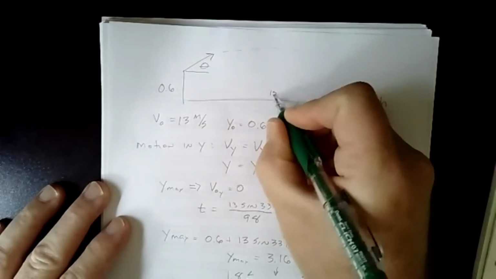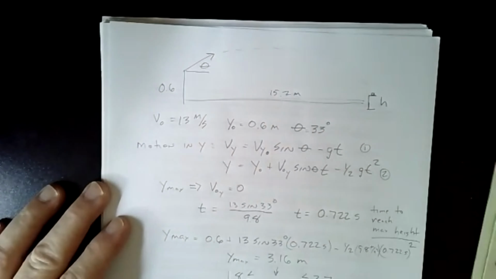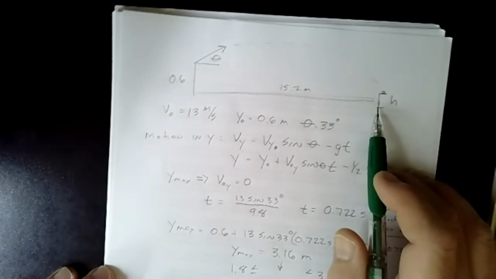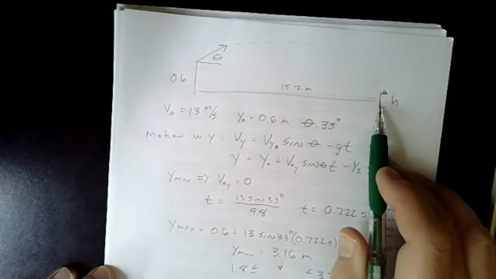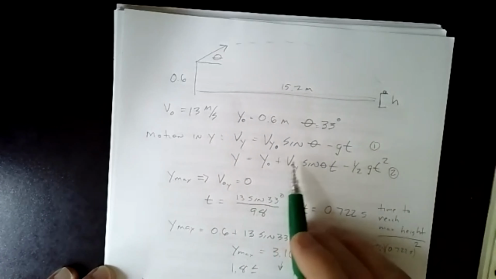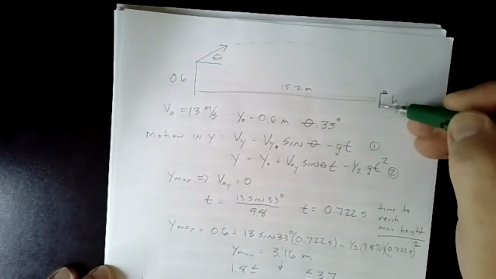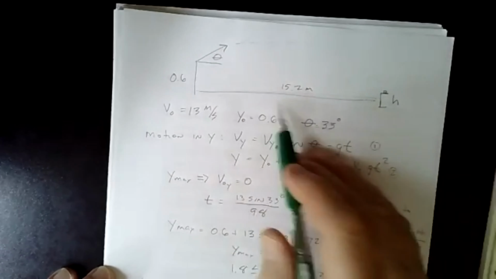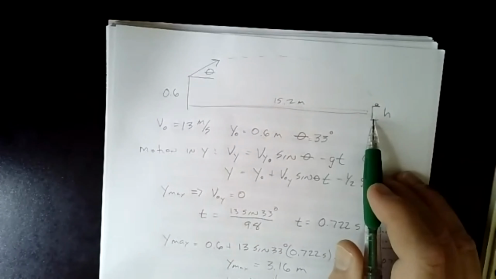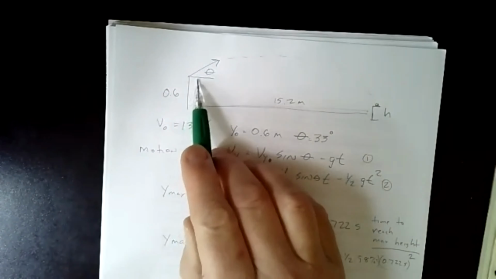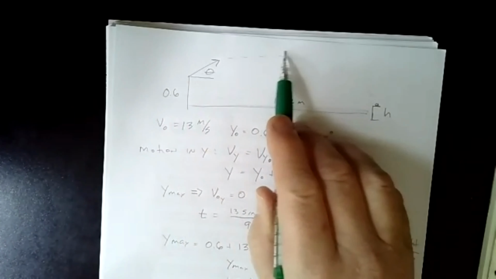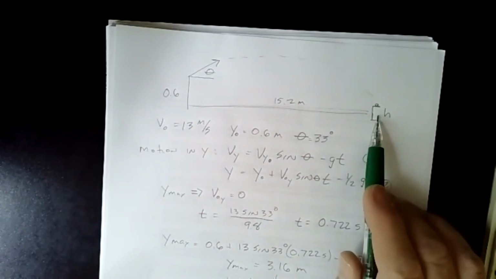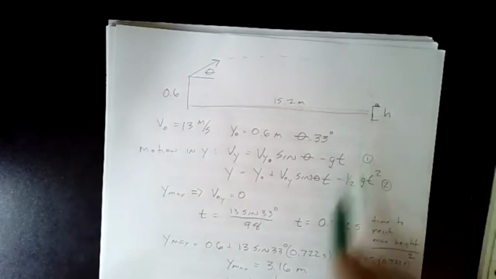This is 15.2 meters. So the reason we want to find out that time is because if we know the time it takes there, then we can plug that back into our y equation, and we can figure out what height it is at that time. The time it takes to go from here to here is the same time it's going to go up to its apogee and then back down. And then we can determine how high it is at that time that it took to go this distance.